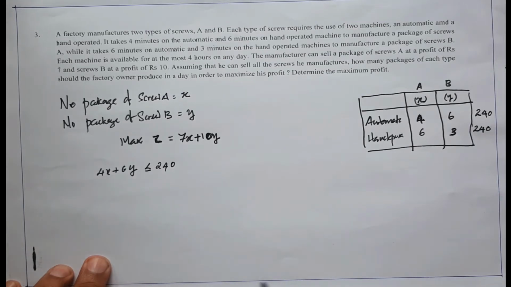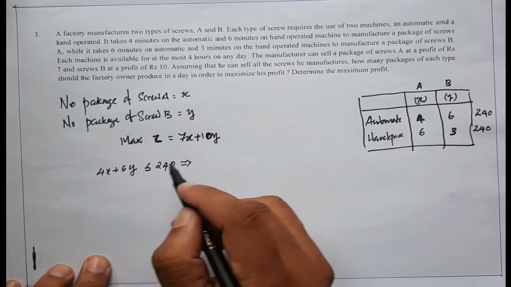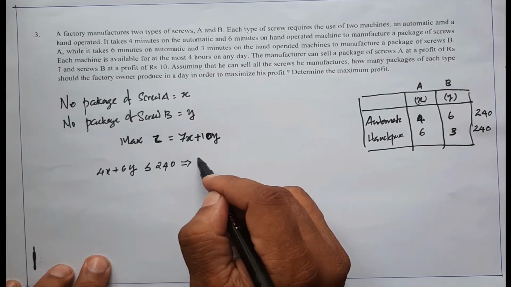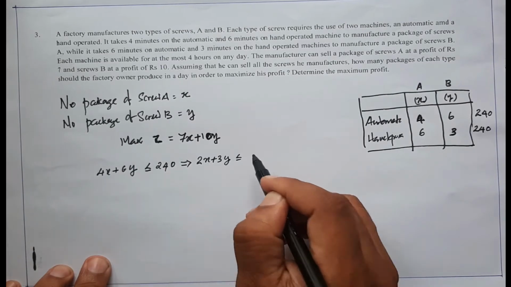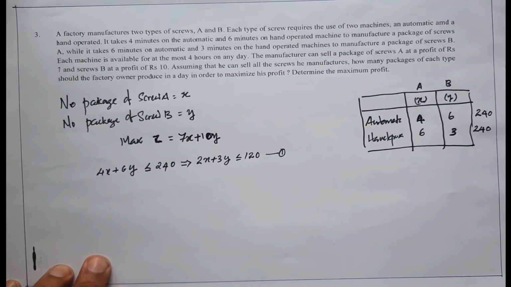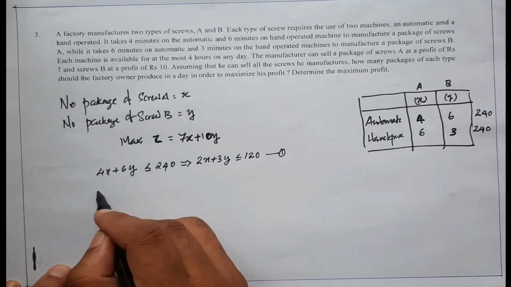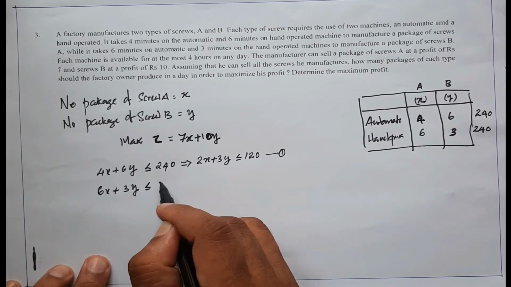So we use the inequality less than or equal to. Dividing by the common factor 2, we get 2x plus 3y is less than or equal to 120, which is the first constraint. Now the second is 6x plus 3y is less than or equal to 240.